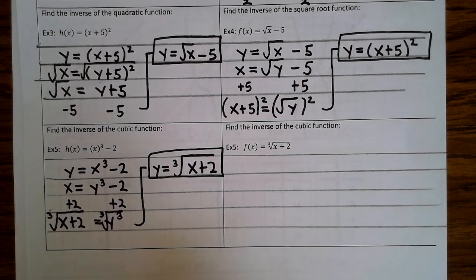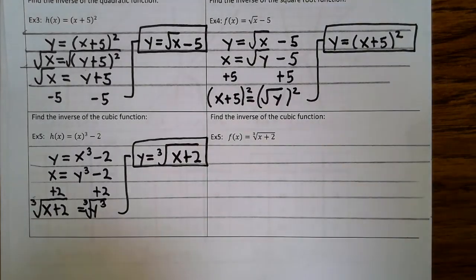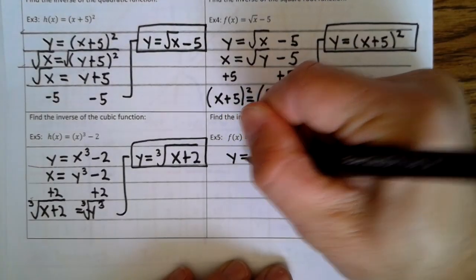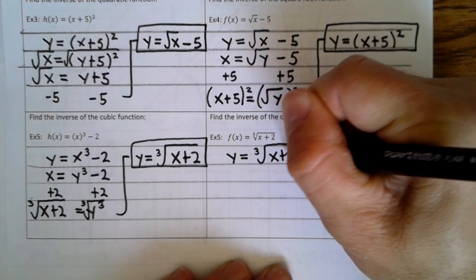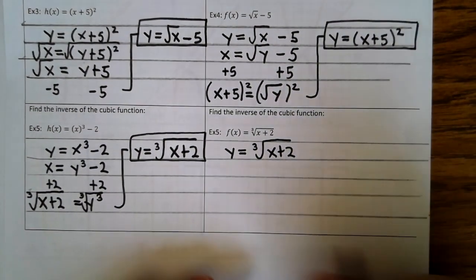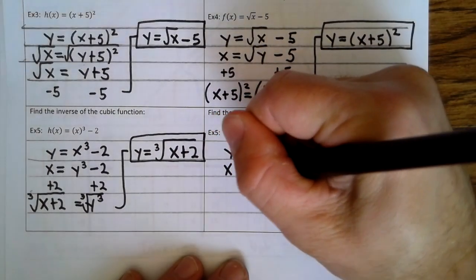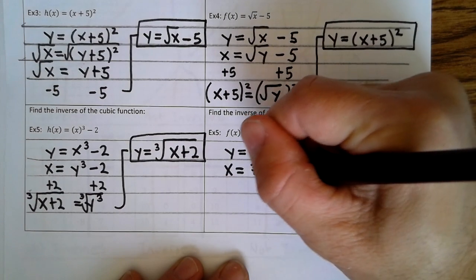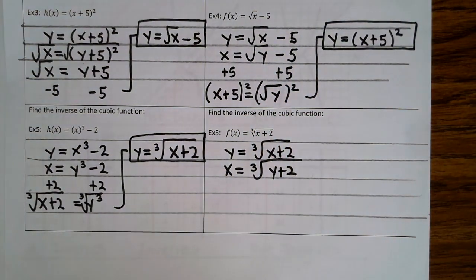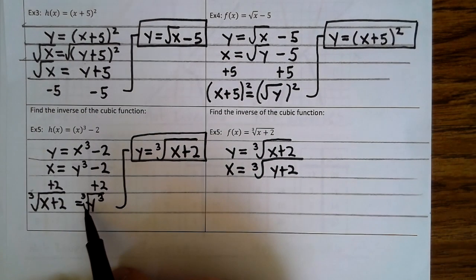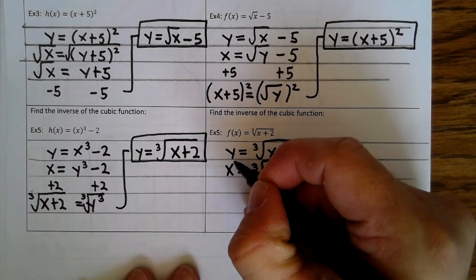All right, example 5. So again, you change f of x to y, so y equals the cube root of x plus 2. Switch the x and y, so x equals the cube root of y plus 2. Here you took the cube root of both sides, but here you're going to cube both sides.